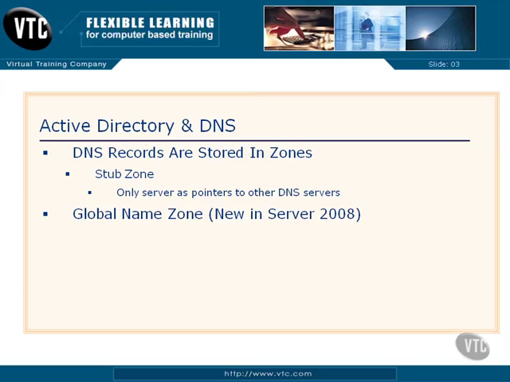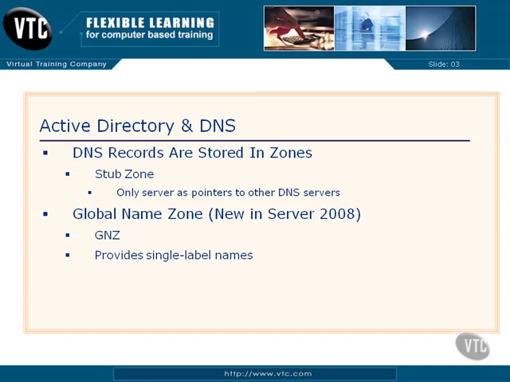Now there's something new in Server 2008 you will probably see something about on the exam. You don't have to dig into it very deeply, but just know what it is: the Global Name Zone, or GNZ. This goes back to the old WINS, because Microsoft names their computers with single alpha names, or a NetBIOS name. A DNS name is what's called a fully qualified domain name, like vtc.com.